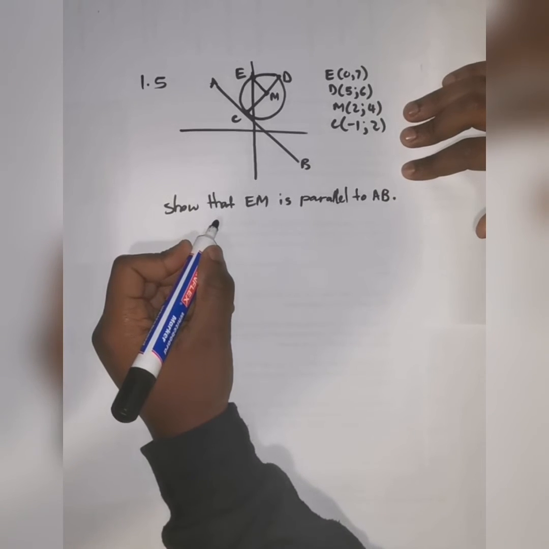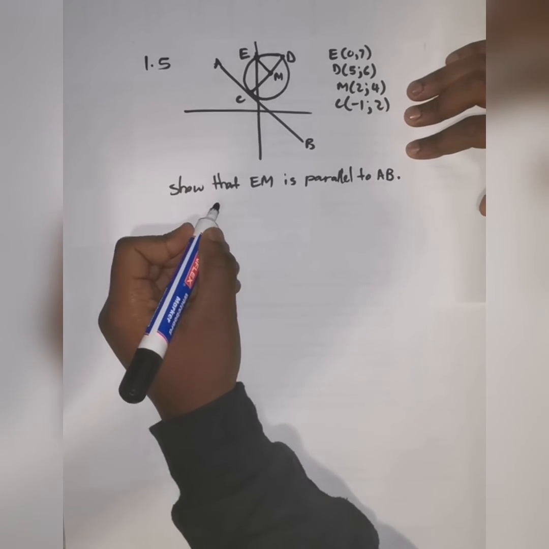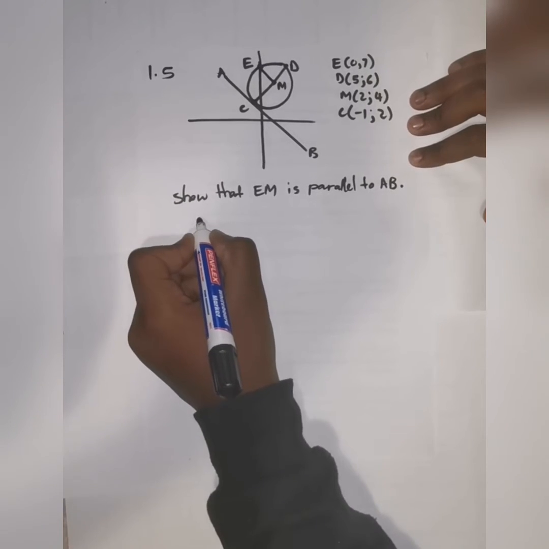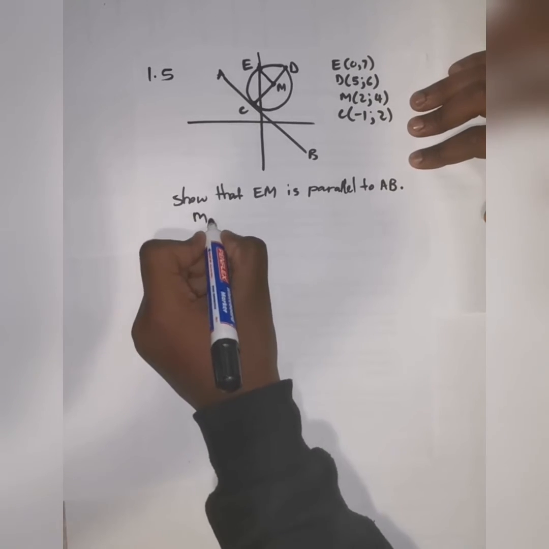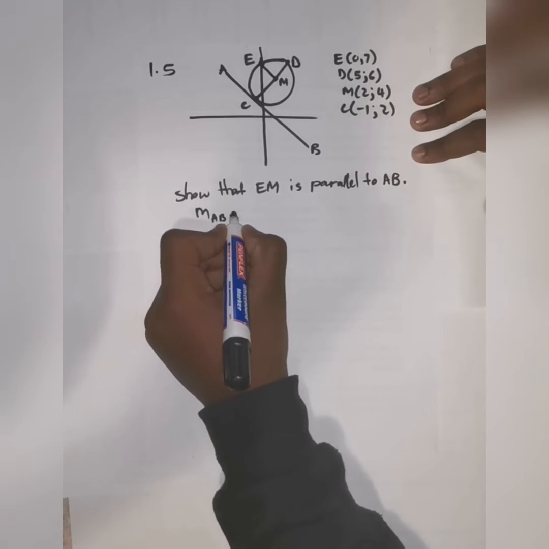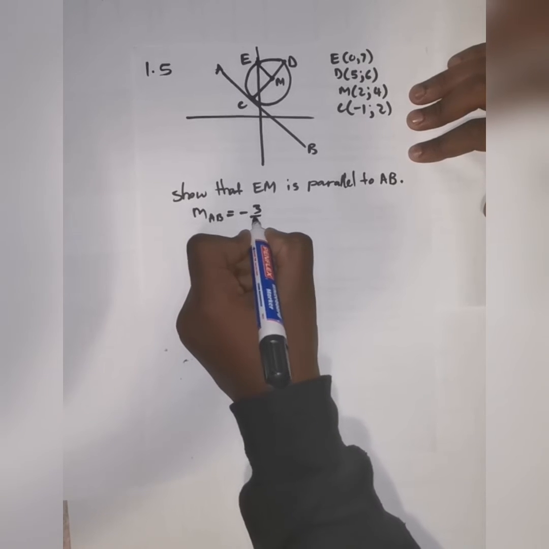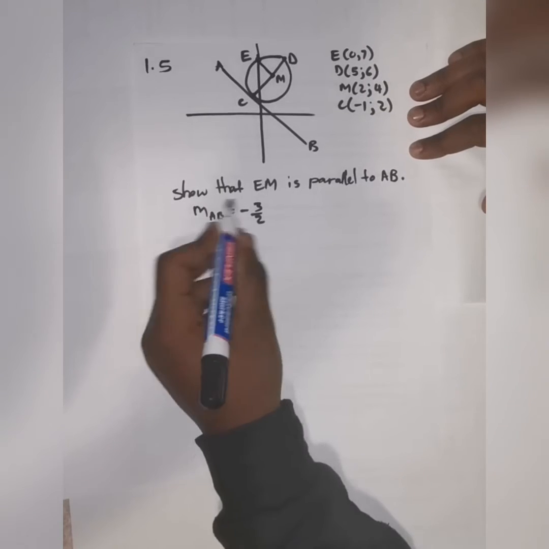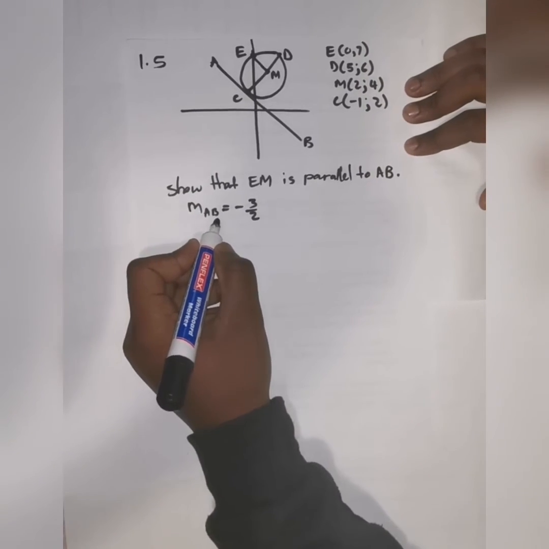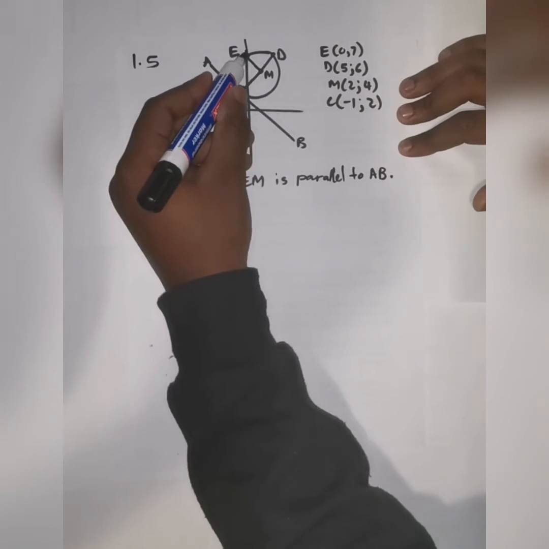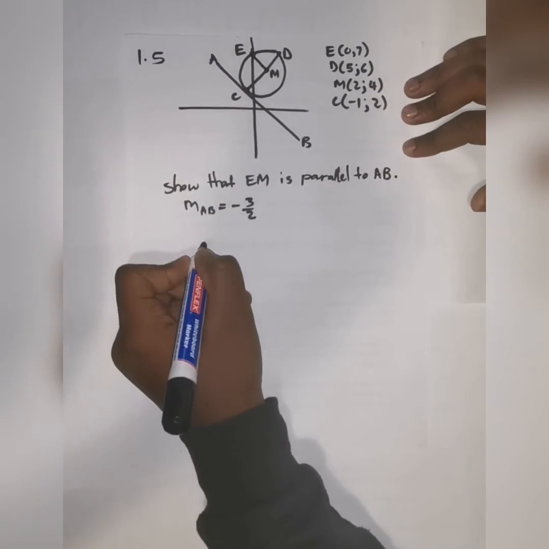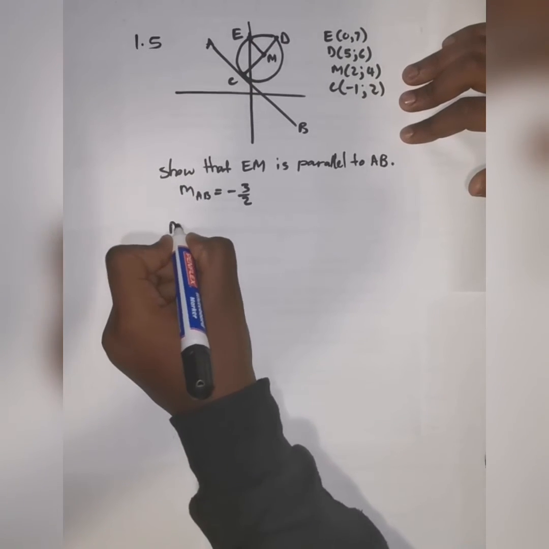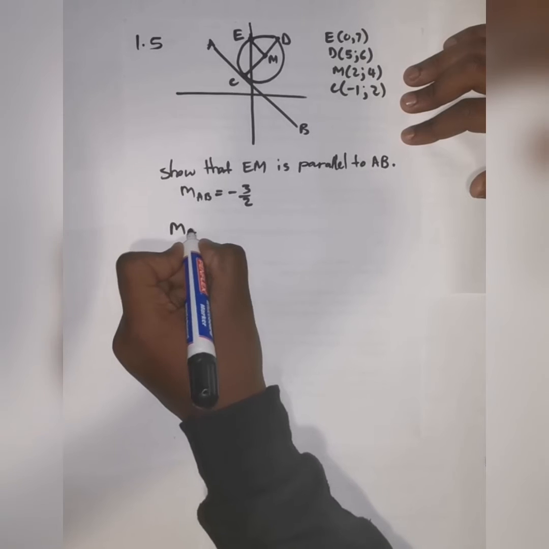From the third question, we determined that the gradient of AB is negative 3 over 2. This was our conclusion for the gradient of AB. So we need to show that EM has the same gradient, which will mean that these two lines are parallel. So let's calculate the gradient of EM.